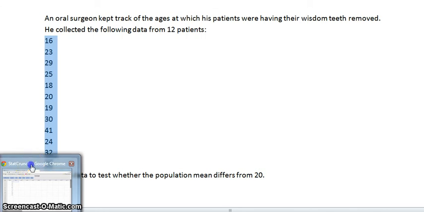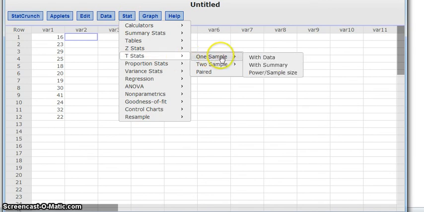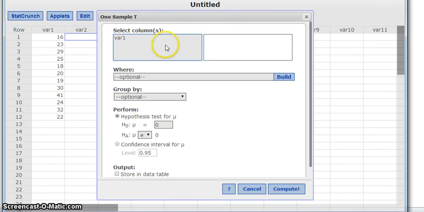All right. So we're going to Stat, T-Stats again, because they're not giving us the population standard deviation. One sample, and this time we have data. So that's one sample with data. Move the variable over, and our hypothesis test for mu is mu equals 20 versus mu differs from 20.